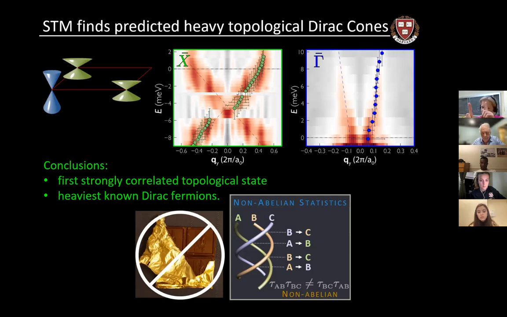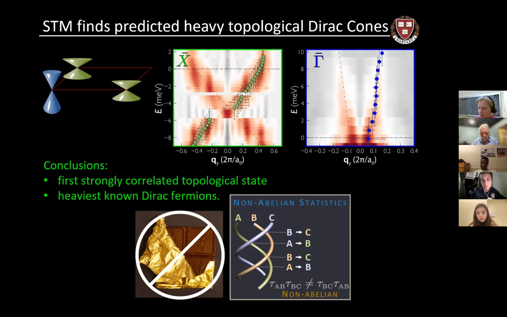So you can think of each of these electrons in your spin triplet or spin polarized superconductor as being their own antiparticle. And when a particle is its own antiparticle, it's called a Majorana fermion.